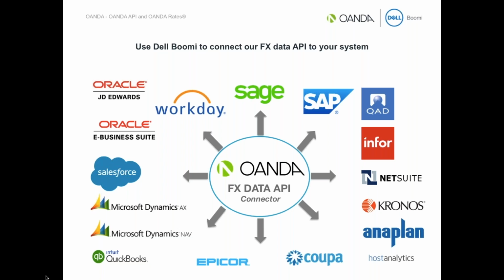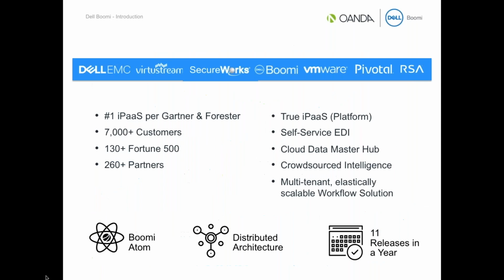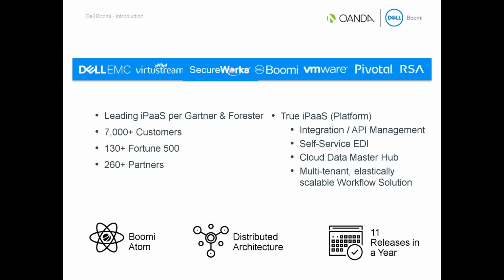We're just essentially making it easier for customers to have access to this data. So with that, I'm going to pass the presentation over to Grady Drago, who's going to go through more information on Dell Boomi, how the connector works, and how you can kick off your instance and integrate our rates into your system.